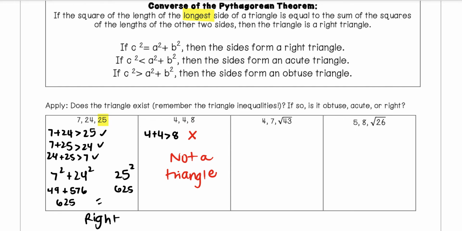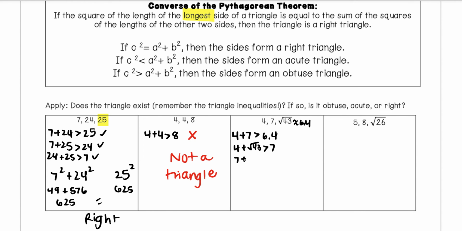In the next problem, we have 4, 7, and the square root of 43. Well, the square root of 43 is not a perfect square, but we know it's a little bit less than 7 because the square root of 49 is 7. So this would be about 6.4, we can estimate. And we can see that it won't be the longest side, but it also helps us estimate and try these triangle inequalities. 4 plus 7 would be greater than about 6.4. 4 plus the square root of 43, or about 6.4, would be greater than 7.